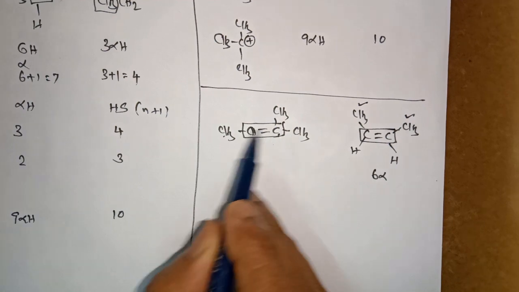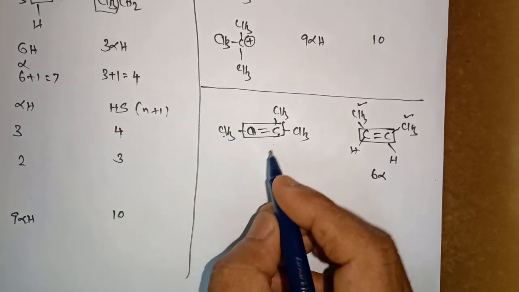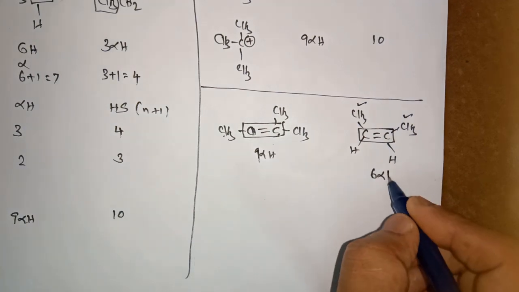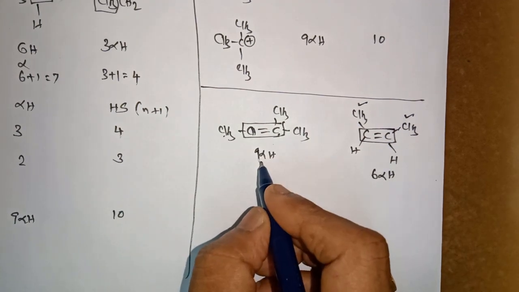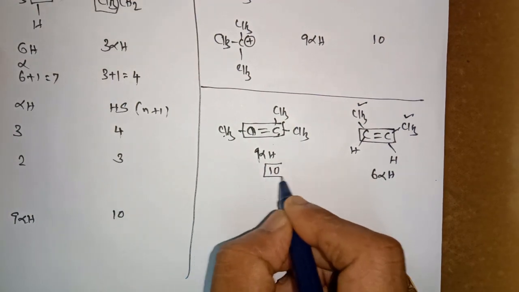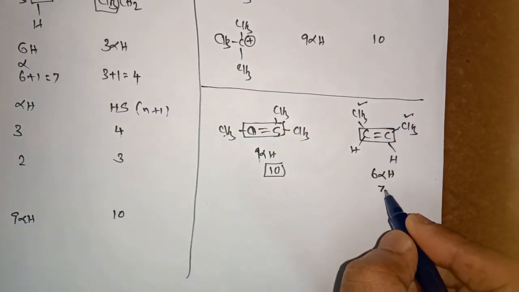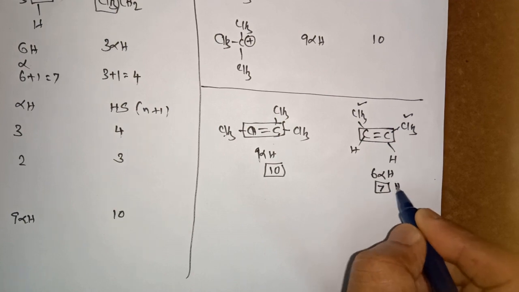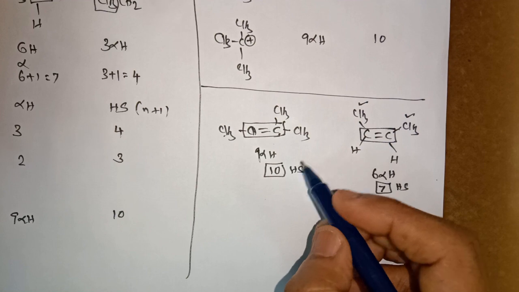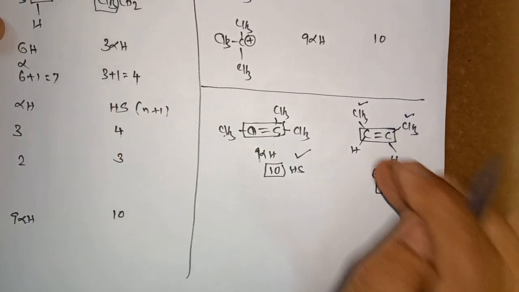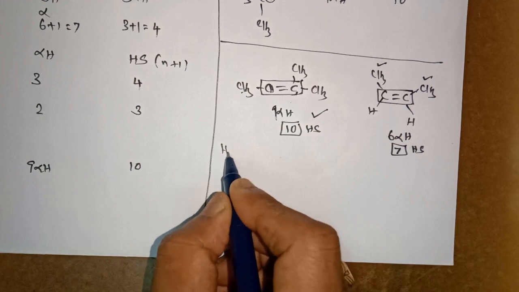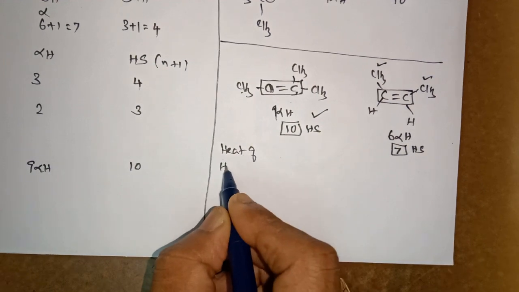Totally 9 alpha hydrogens, so it shows 10 hyperconjugative structures, while the other shows 7. So this one shows more hyperconjugative structures, so it is more stable than this. Or they may give the heat of hydrogenation.